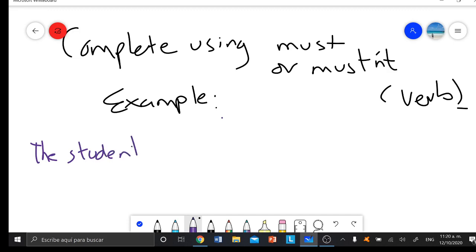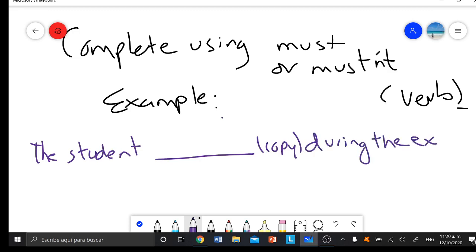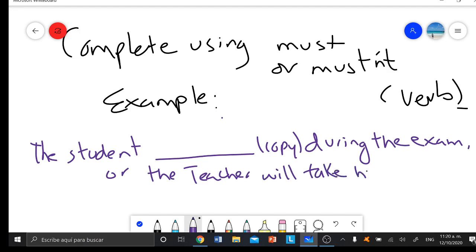Student, copy, during the exam, or the teacher will take his or her exam. And over here, what do I have to do? ¿Qué es lo que tengo que hacer?